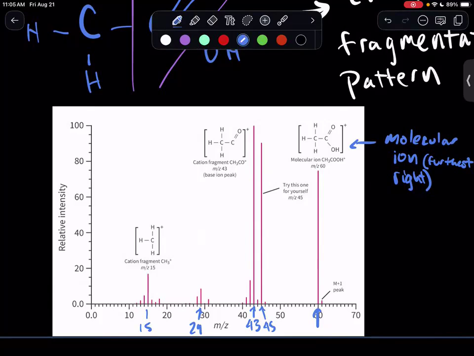So we have to determine what's going on here in this compound. We can even see this peak right here at 31 maybe, who knows. So we'll go ahead and discuss some of these, but we have to always start from our molecular ion.